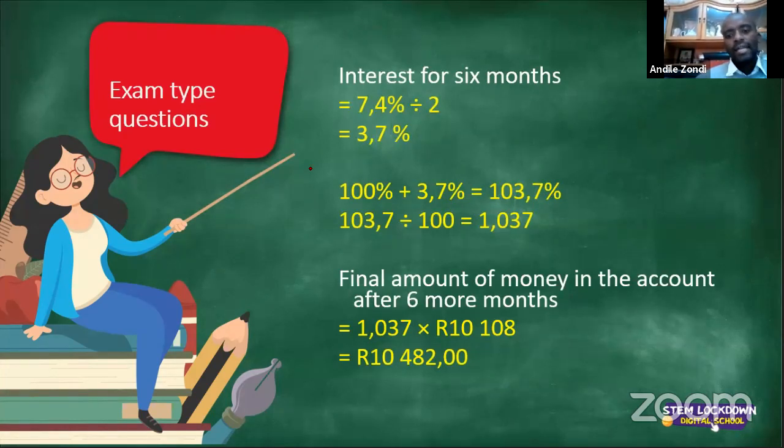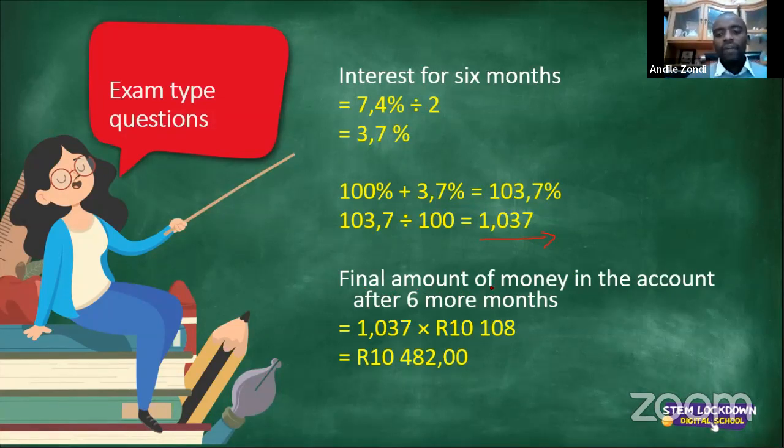So I can simply say 100 plus 3.7 is equal to 103.7%. So the amount of money that Mr. Simmons will invest will increase by 103.7%. That is equivalent to 1.037, which is the decimal form of 103.7%, right? Why am I using decimal fractions? They save space. They make my life very, very easy, as you will see just now.